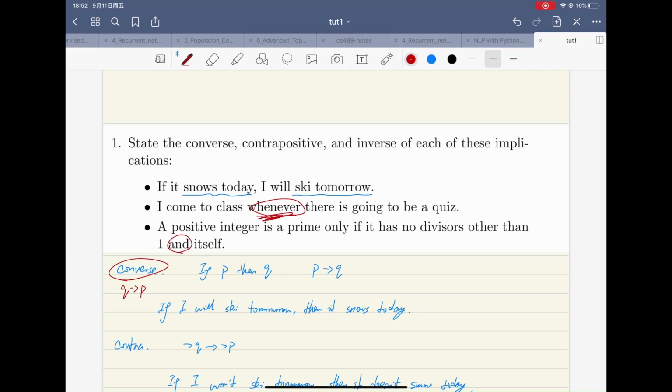If it's a compound statement, we need to find all the logic connectives. Then you write the converse, contrapositive. If the negation is used with a conjunction or disjunction, you have to remember to change the conjunction or disjunction to the opposite. That's it.